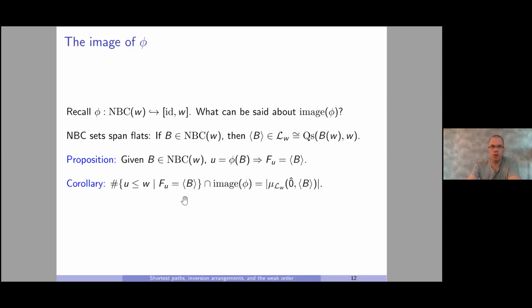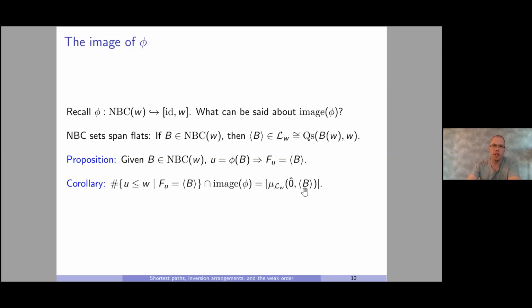So it's a corollary, if you like. It comes from general theory of matroids that the number of MBC sets that generate a certain flat is computed by this Möbius number. So the Möbius number in the intersection lattice from the bottom to this flat. If you take the absolute value, then that's the number of MBC sets that generate this flat.